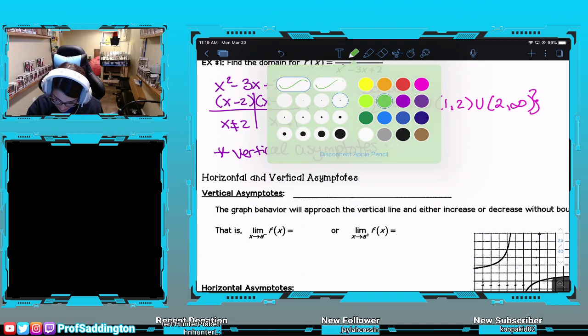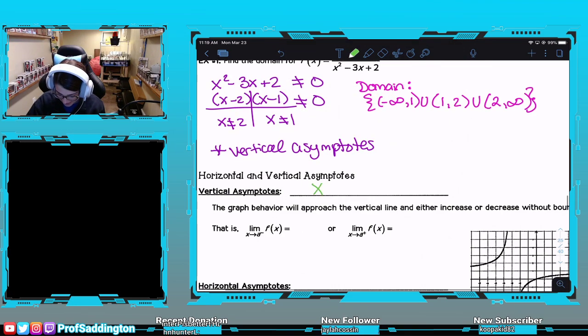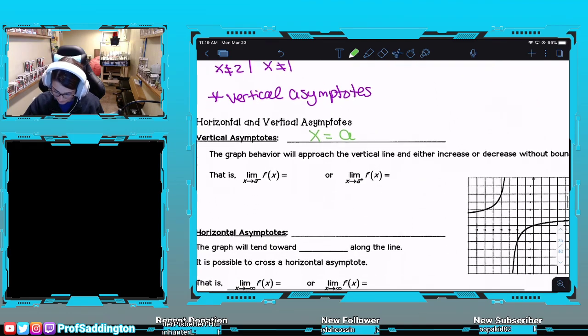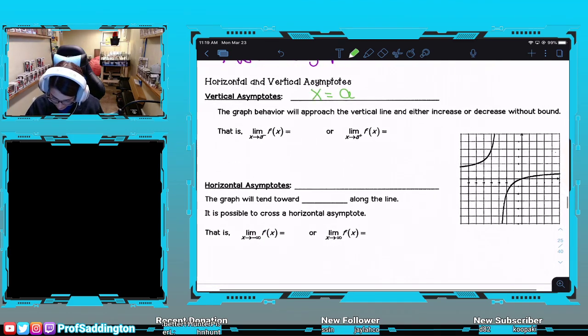So vertical asymptotes, as previously stated, are going to be x equals some value a, whatever it may be. In this case, it was 2 and 1. The graph behavior will approach the vertical line and either increase or decrease without bound. This is literally the definition of a limit.